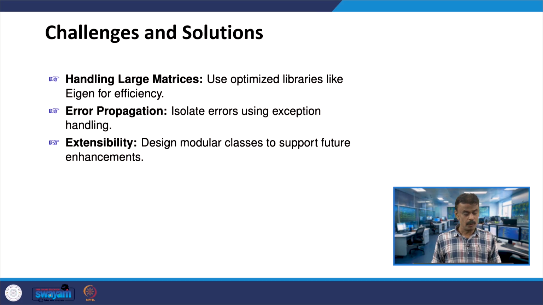Then there is error propagation: when there are errors, you carefully handle them with error handling exceptions. And extensibility: suppose I use the inheritance concept, we have to design modular classes to support future enhancements. These are the challenges, and we have the solutions as well.